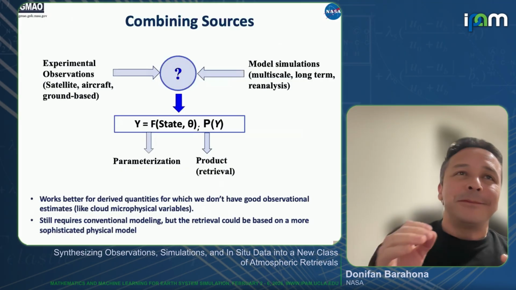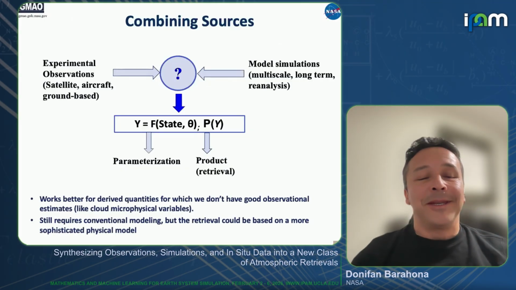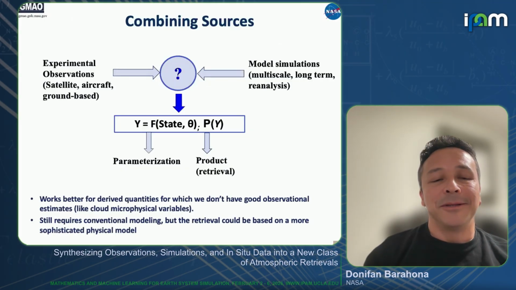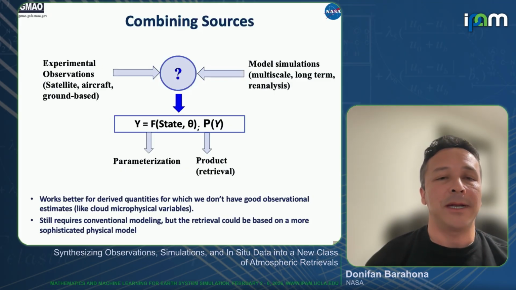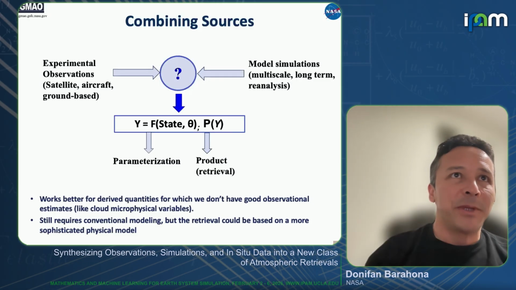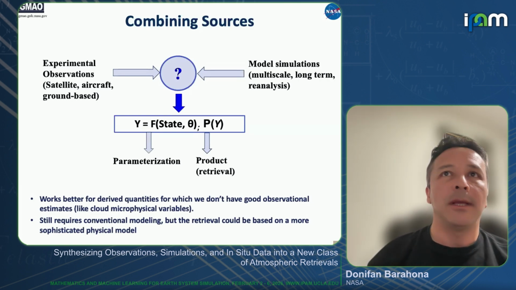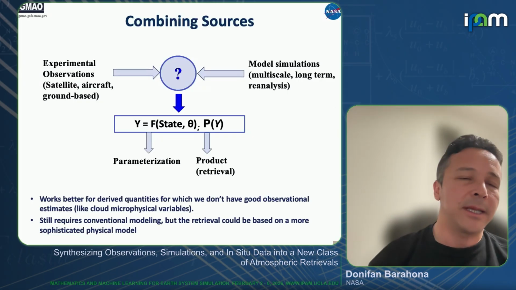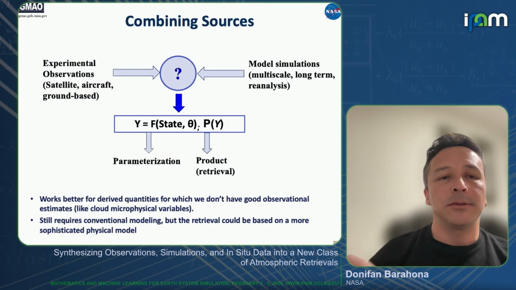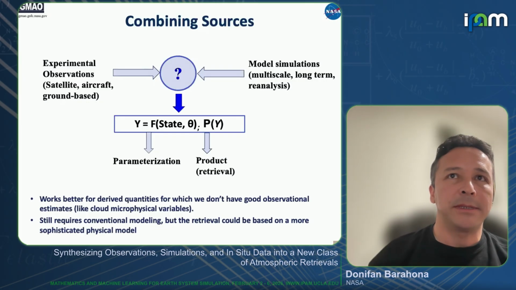So what we're trying to do here is, okay, maybe we should just throw all the data in and come up with new models and new products, leveraging AI for that, that synthesize all the experimental observations that we have. It could be satellite, aircraft, ground-based. On the other hand, it also uses the model simulations, which could be multi-scale, long-term reanalysis, to inform those retrievals.